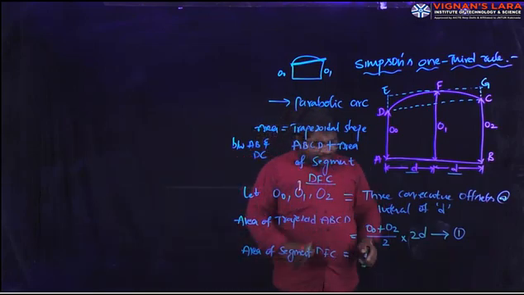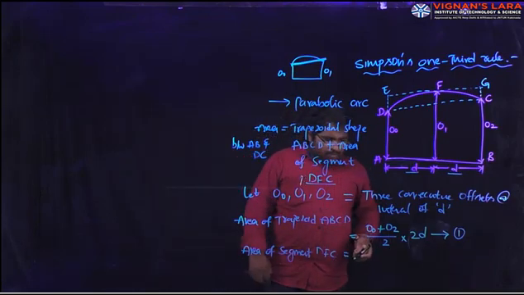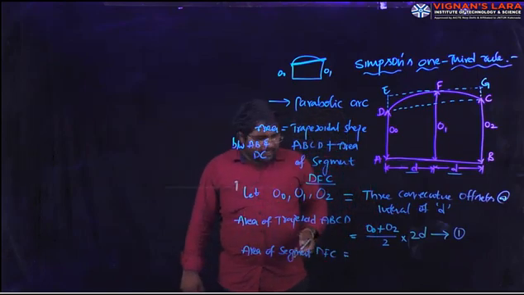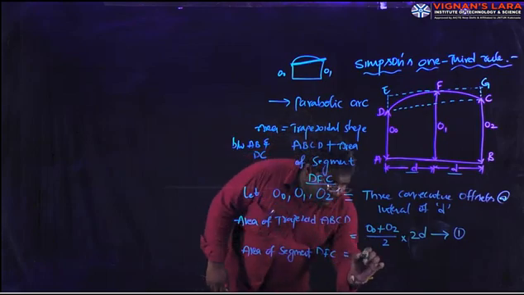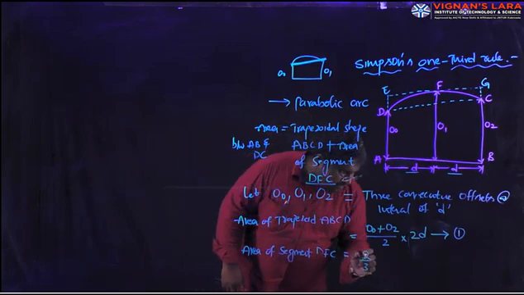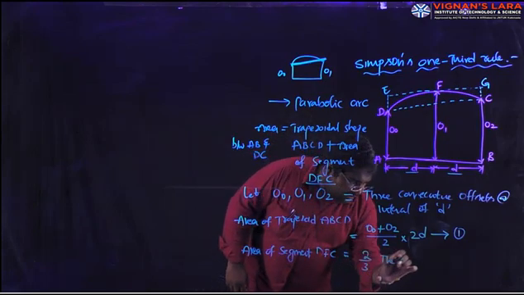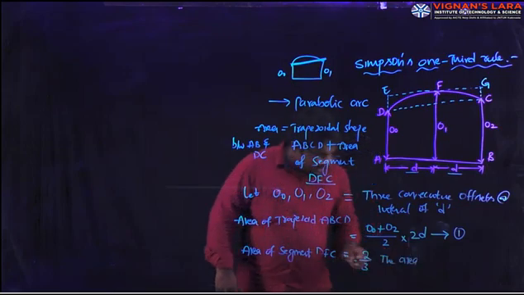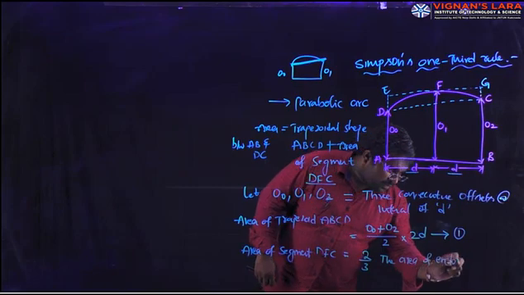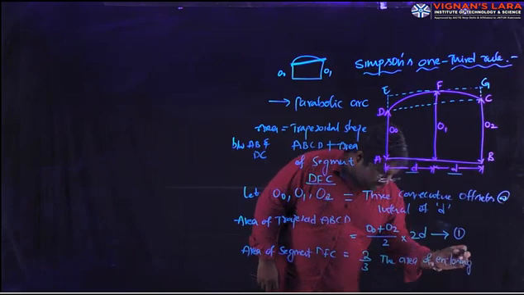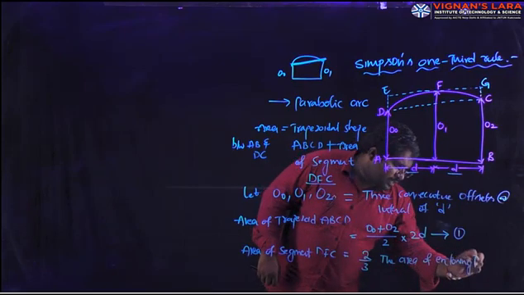Accordingly, the area of segment DFC is given by 2/3 of the area of the enclosing parallelogram.